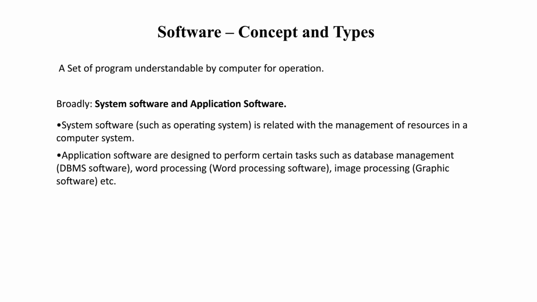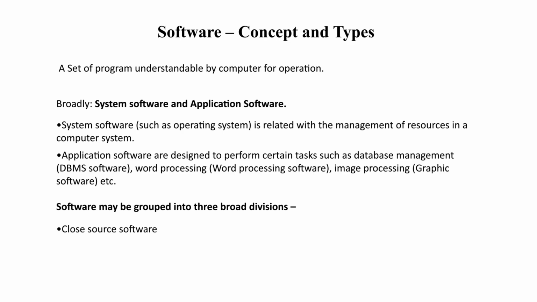Now, based on availability, software is of three types. First is closed code, which is particularly known as commercial software. By its name you can gather that it is a type of software where you cannot get the code.